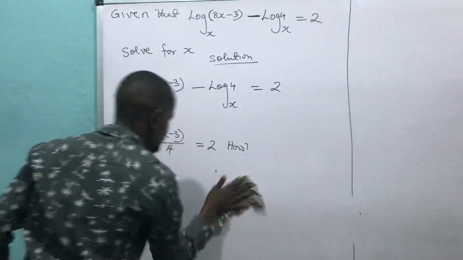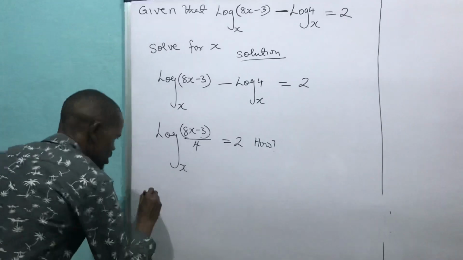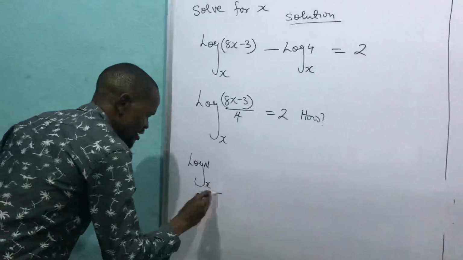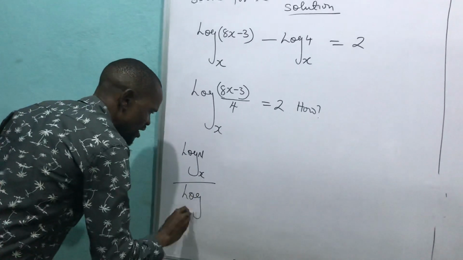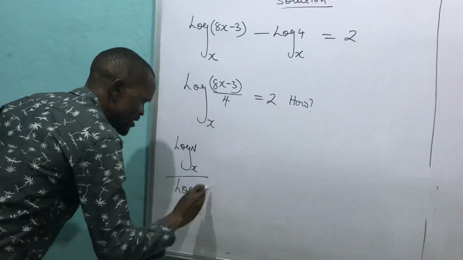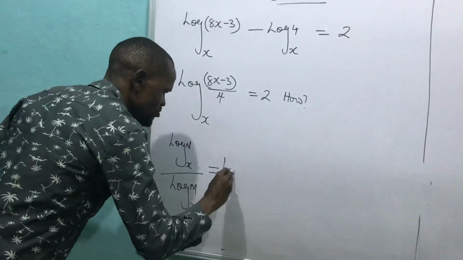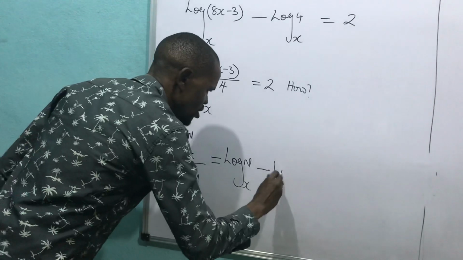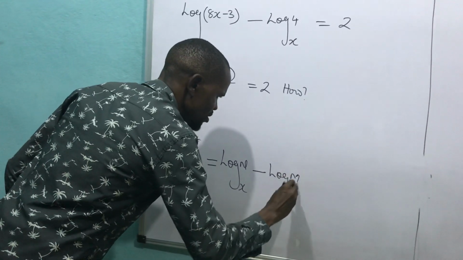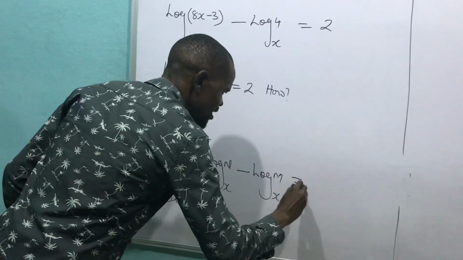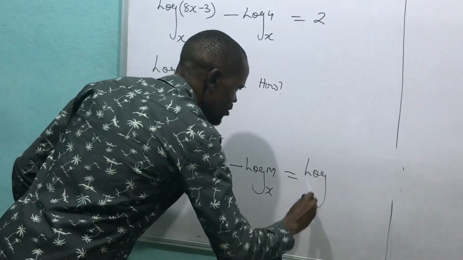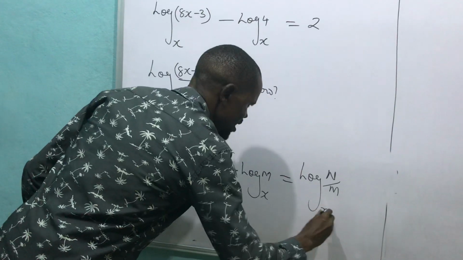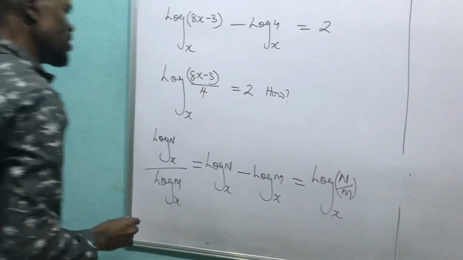The law of logarithm says log n base x minus log m base x is the same as log of n divided by m, base x. You get me right?